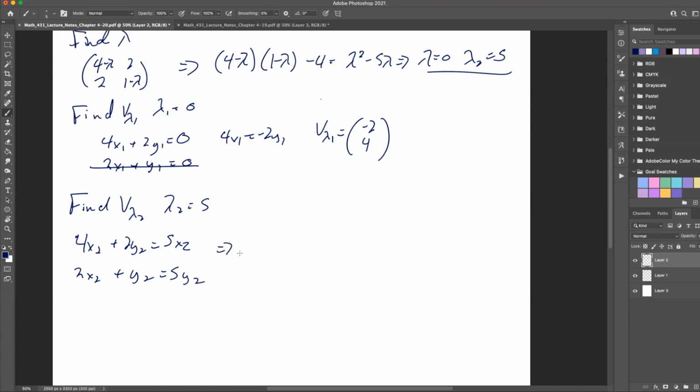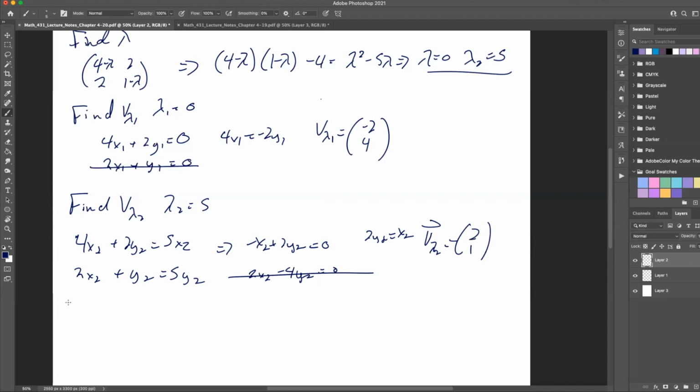We translate that over, we'll get minus x2 plus 2y2, and then 2x2 minus 4y2 equal to 0. Notice these are the same, multiplied by negative 2. And so I have 2y2 equals x2. So here we have v lambda 2 is equal to 2 and 1.